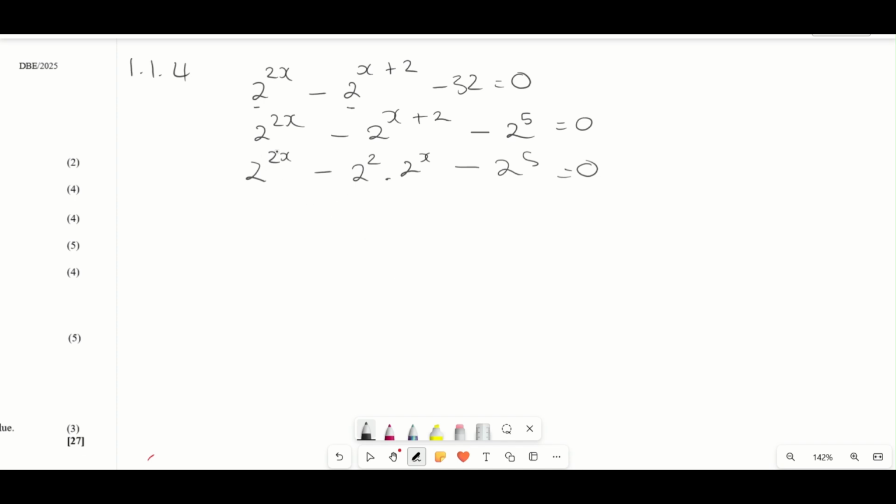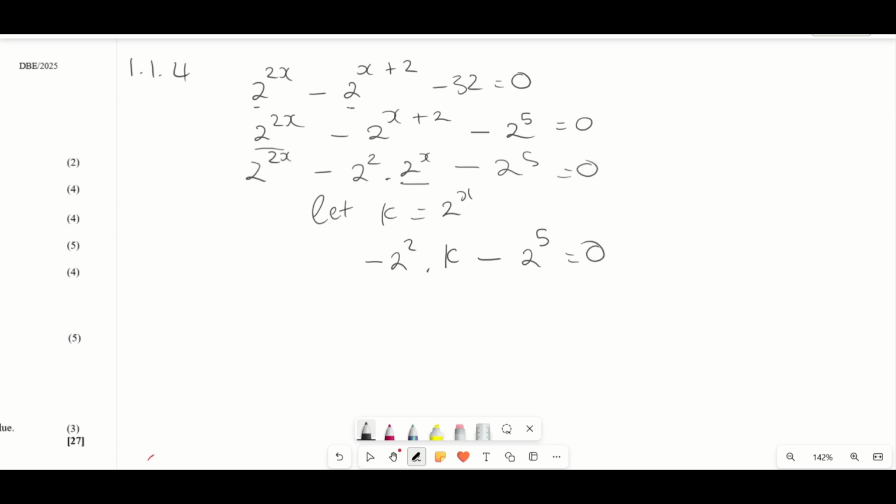So here I can say, let k equal 2^x. Here I will have negative 2 times k, since 2^x is now k, minus 2 raised to the power 5, which is equal to 0.